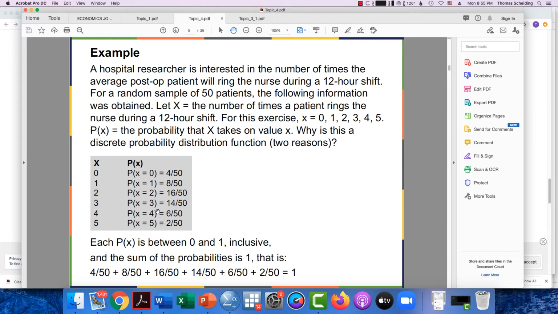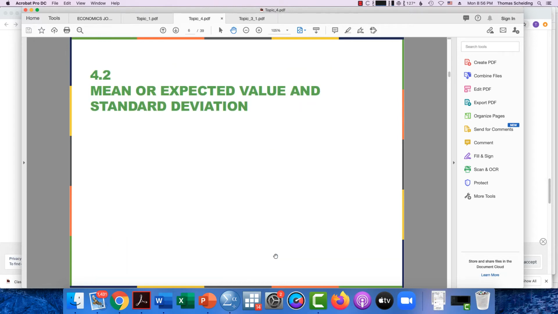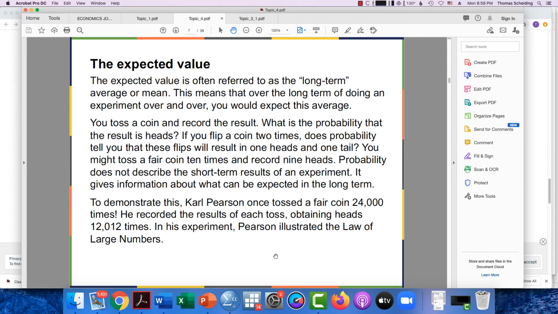And what we know is that each of these are between 0 and 1 in terms of the probability. We know that that's true. And that the sum of the probabilities, if we add up all these probabilities, that also equals 1. So we know it's a probabilistic distribution. Again, knowing those are the two necessary conditions, we'll be able to tell you either yes or no that this is a probabilistic distribution.